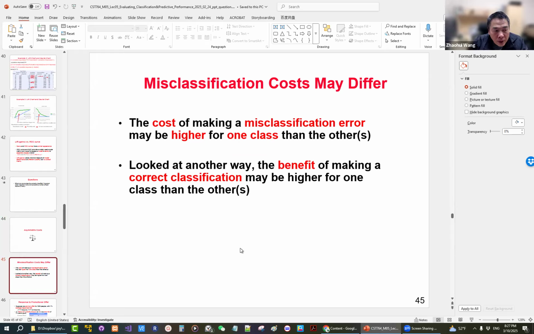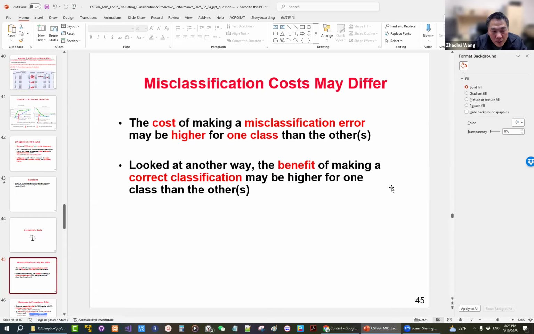The misclassification cost may differ in different situations. We have false positive and false negative; the false would be the non-match between the prediction and the actual value. The misclassification error may be higher for one class than others, so that's why we apply the asymmetric cost.